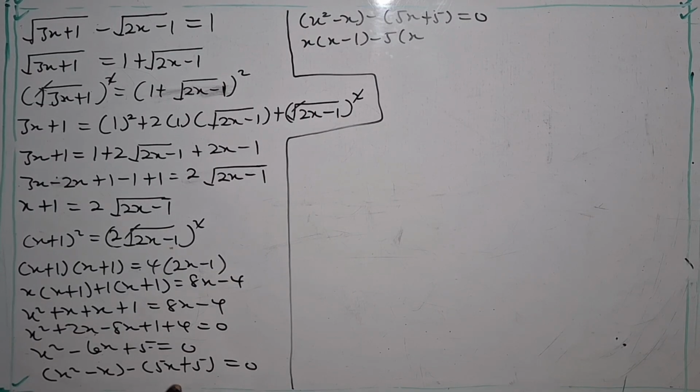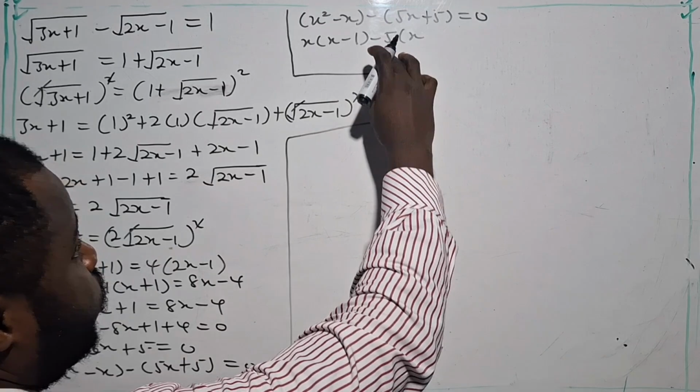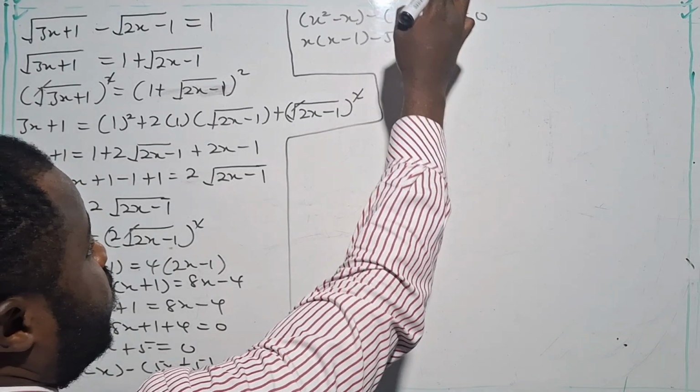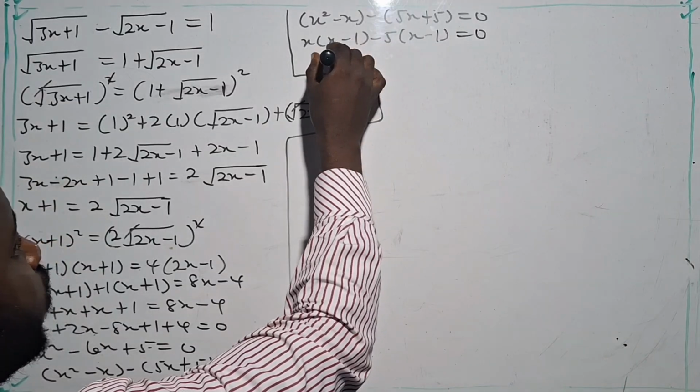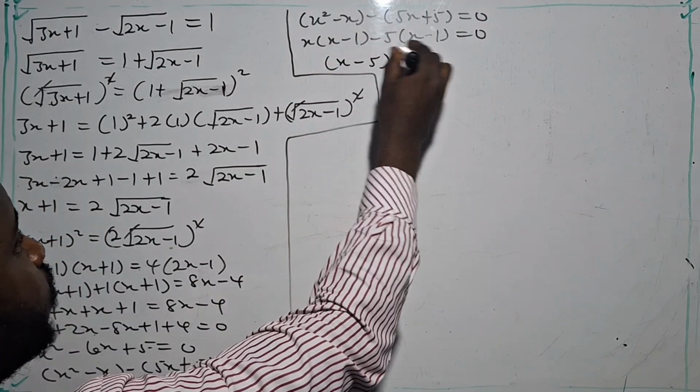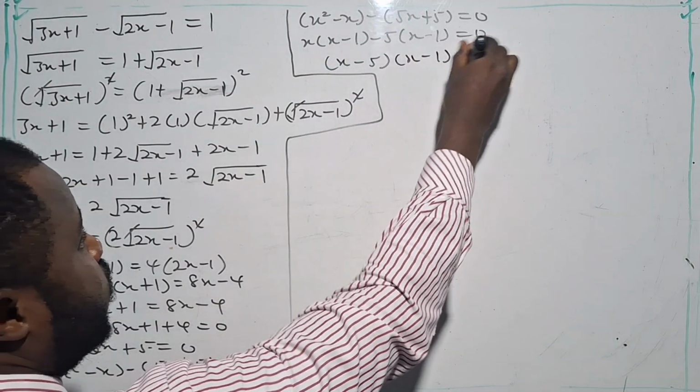So this side will give us minus 5x plus 5. The 5 here is positive. Yes, the 5 here is positive. So take note of that. So 5 out, then we have 5x negative, positive, negative 1 equal to 0. So now here will give us x minus 5, x minus 1 is equal to 0.